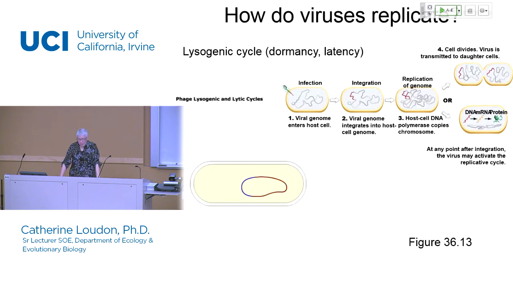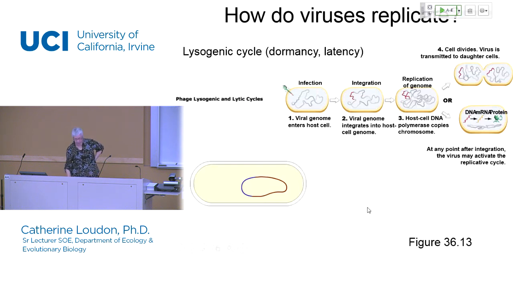And so at this point, of course, the cell would be relatively asymptomatic because it's not doing anything to disrupt the host cell. What happens now is simply that any time the host cell replicates, it replicates the integrated viral genome along with its own genome, right?